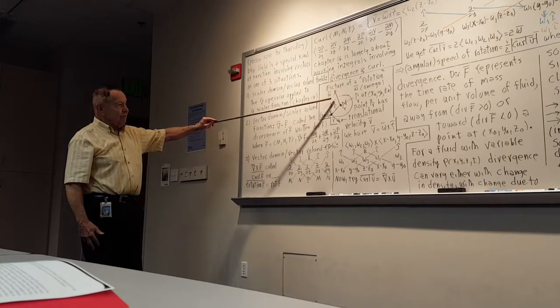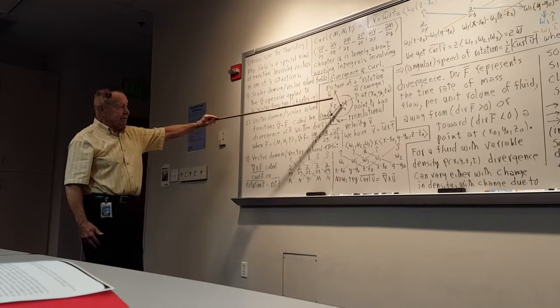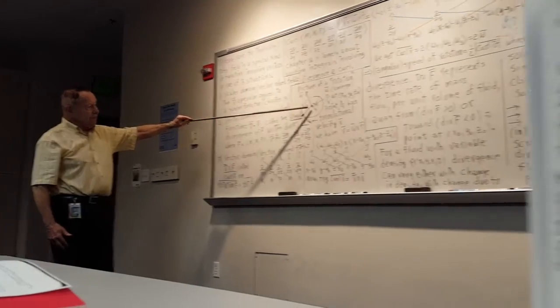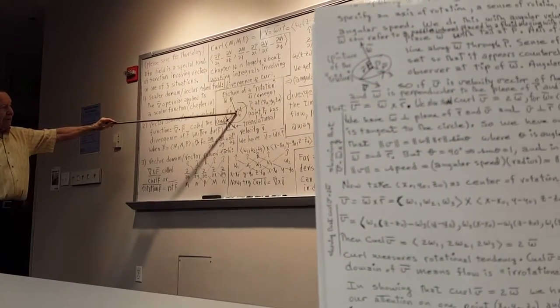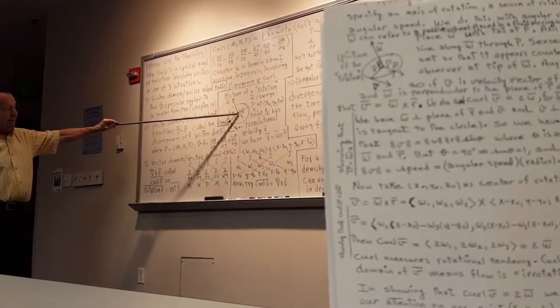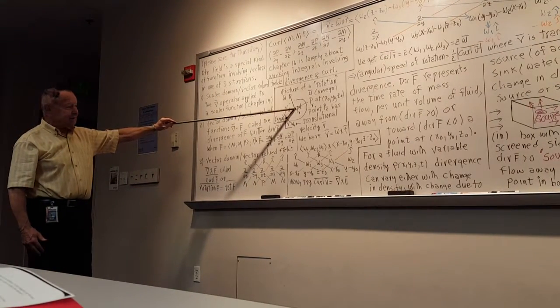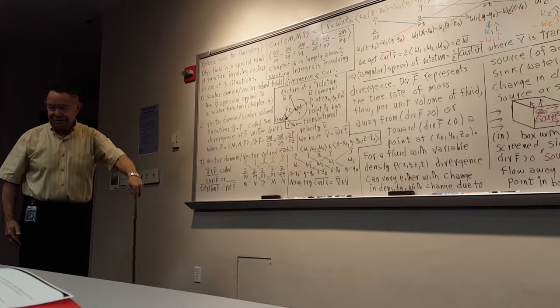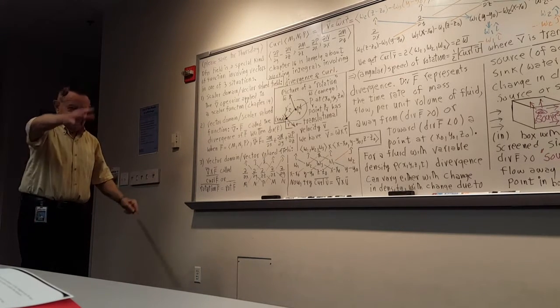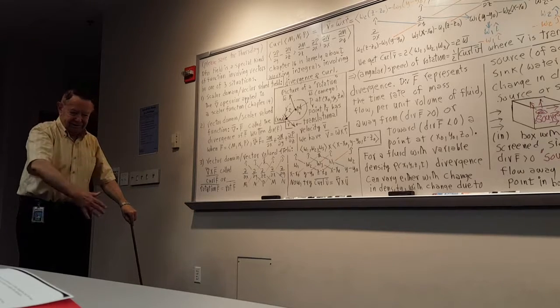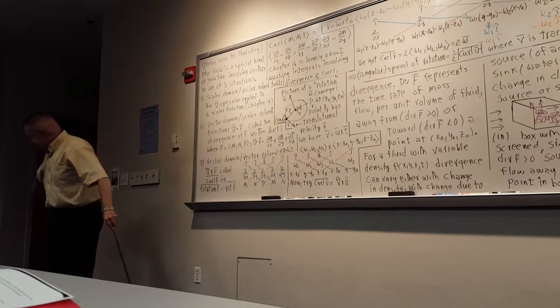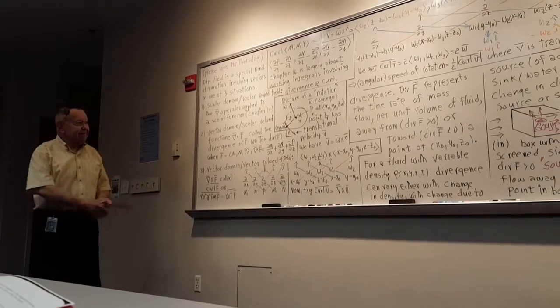So what we call a rotation then, you have a point, and this would be like the center of your ping pong ball or your paddle wheel, and it has a translational velocity V. That's the velocity of the water that's flooding the floor, going out the door, say.